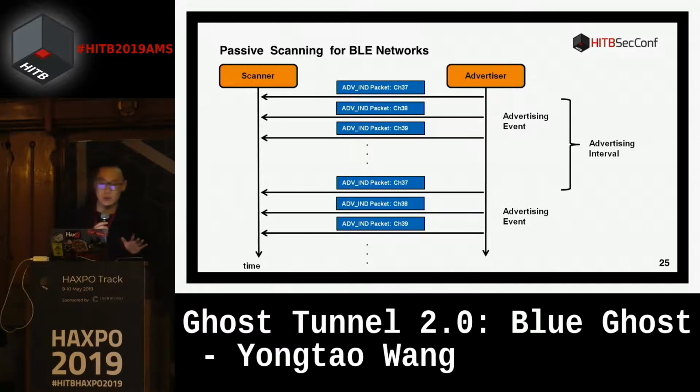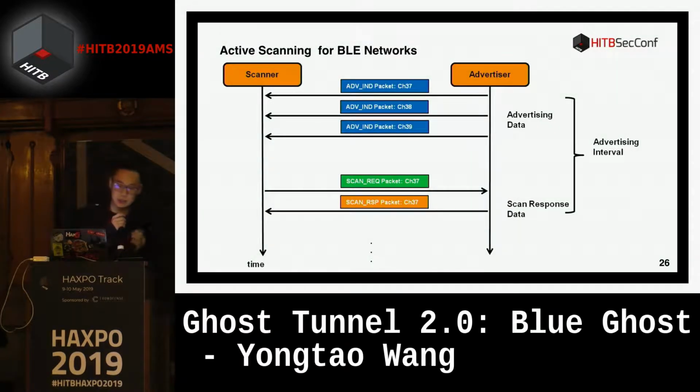Then the BLE could work in passive scan mode or active scan mode. When in passive scanning, the link layer will only receive the packets. It shall not send any packets. In active scan, the link layer shall listen for advertising PDUs, and depending on the advertising PDU type, it may request an advertiser to send additional information.